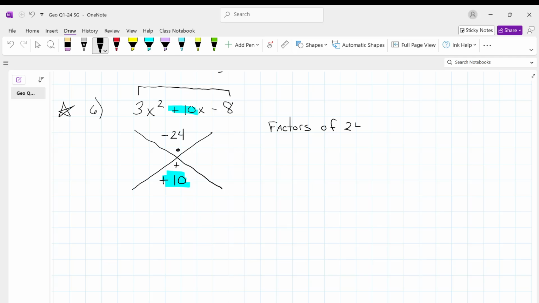The factors of 24 are 1 and 24, 2 and 12, 3 and 8, 4 and 6. Those are all the factors of 24. We're looking for a pair that can add to 10, and it's the 4 and the 6.